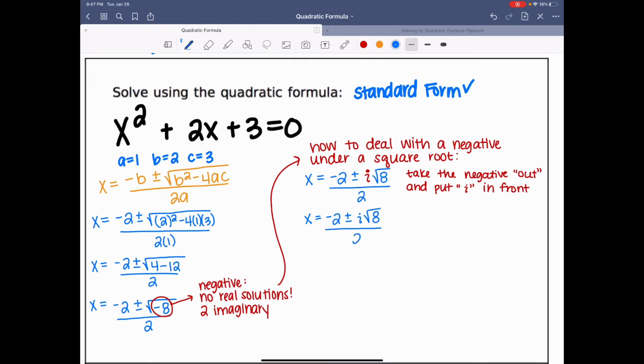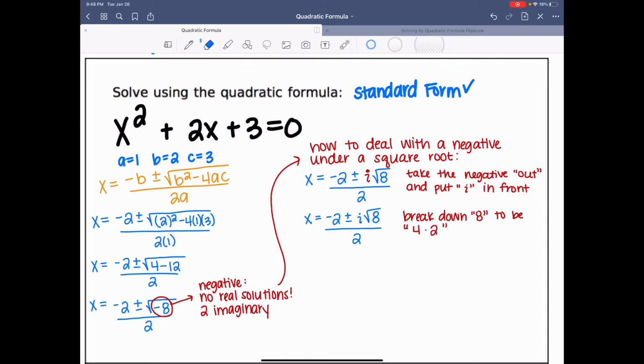So the square root of 8 can actually be broken down to 4 times 2, right? So 8 is 1 times 8 or 4 times 2. Those are the only two options for how to multiply to get 8. So we're going to break down 8 to be 4 times 2.